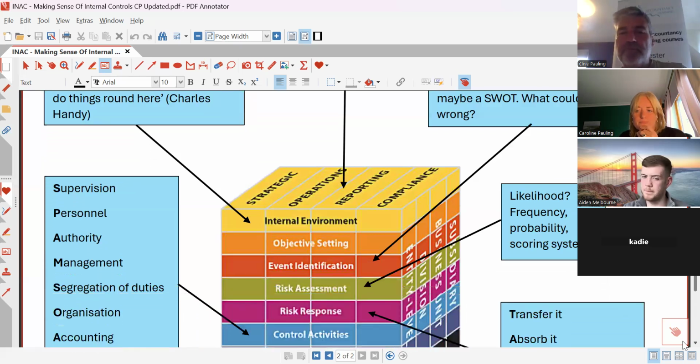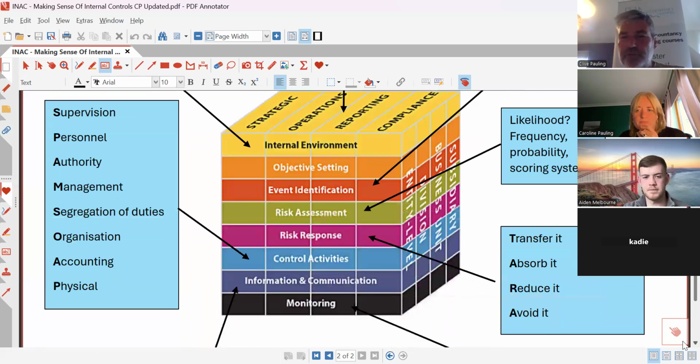So then the important bit, down the front of the cube, we have a process basically. And it's this process that most of the INAC syllabus is questioning you on. Okay. So at the top, we have something that is referred to as the internal environment.